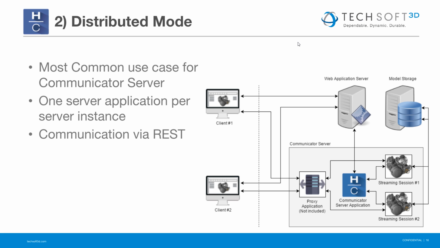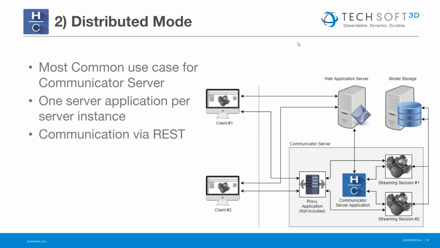Once everything is in place, what's going to happen is that this client is going to connect to the viewing server. Now it's going to hit this proxy, and the proxy is going to route that connection from a trusted port to that particular streaming session. And then the client will be communicating directly with each particular streaming session. So likewise, client 2 will follow the same path.